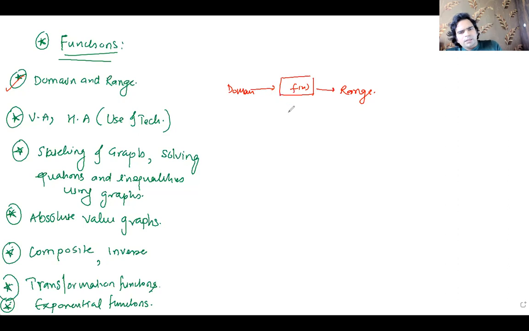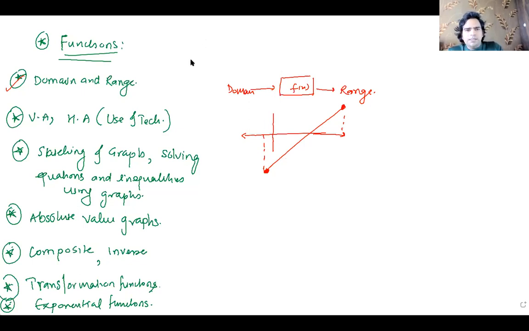So when you look at a simple graph, let's say I'm just showing a simple straight line graph. If I wanted to find the domain for this function, as we can clearly see, my domain is the x values for which the function is defined.